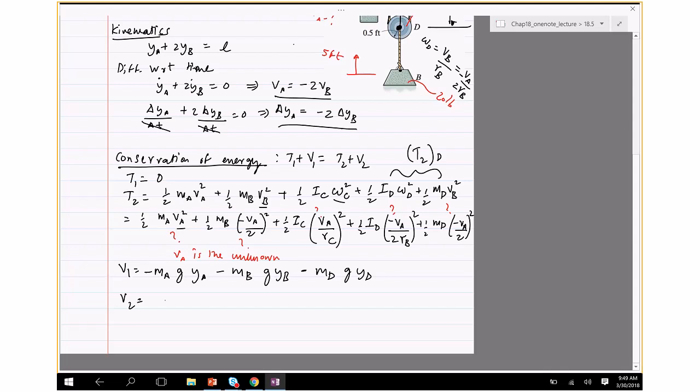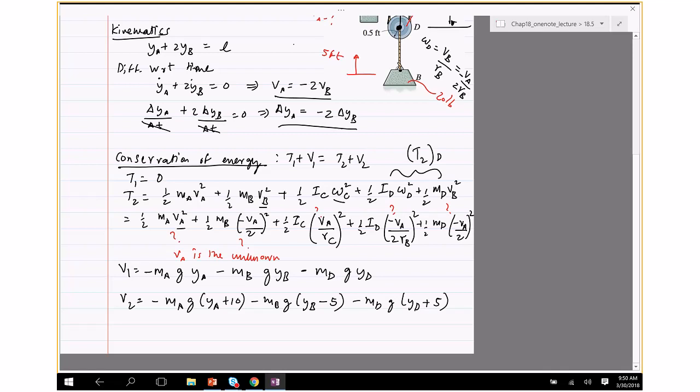So I'm going to write the energy now. In the new configuration, YA would move up, negative sign, MB g, YB would move down. The reason I wrote YB minus 5 is because YB pointing downwards is positive and B moves up. While A moves up, it's YA plus 10, and then D is going to move, YD plus 5.